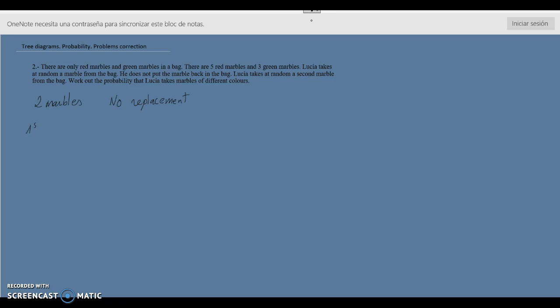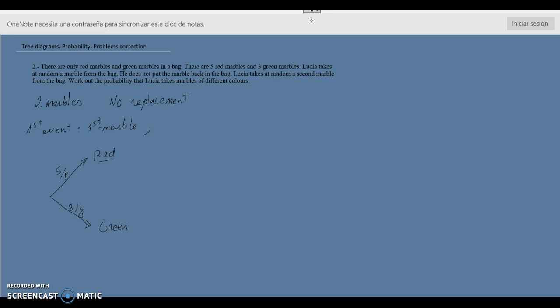We're going to start with the first event, the first marble. Second event, second marble, okay? First one, we have two options, red or green. The probabilities are 5 over the total, 8, and 3 over 8.